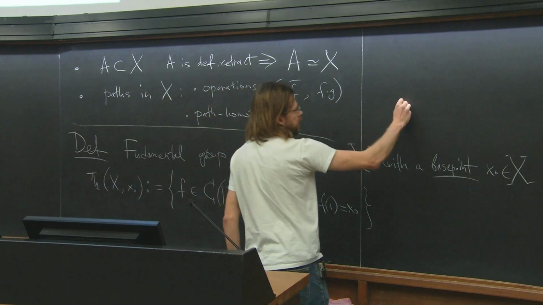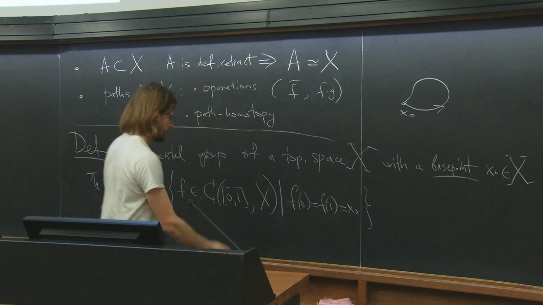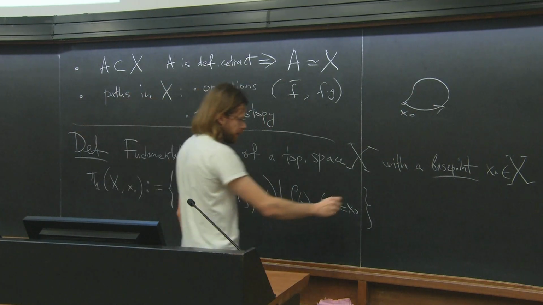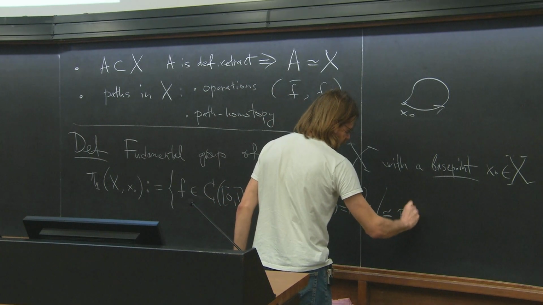So the paths look like this, and we quotient with respect to the equivalence relation given by path homotopy.